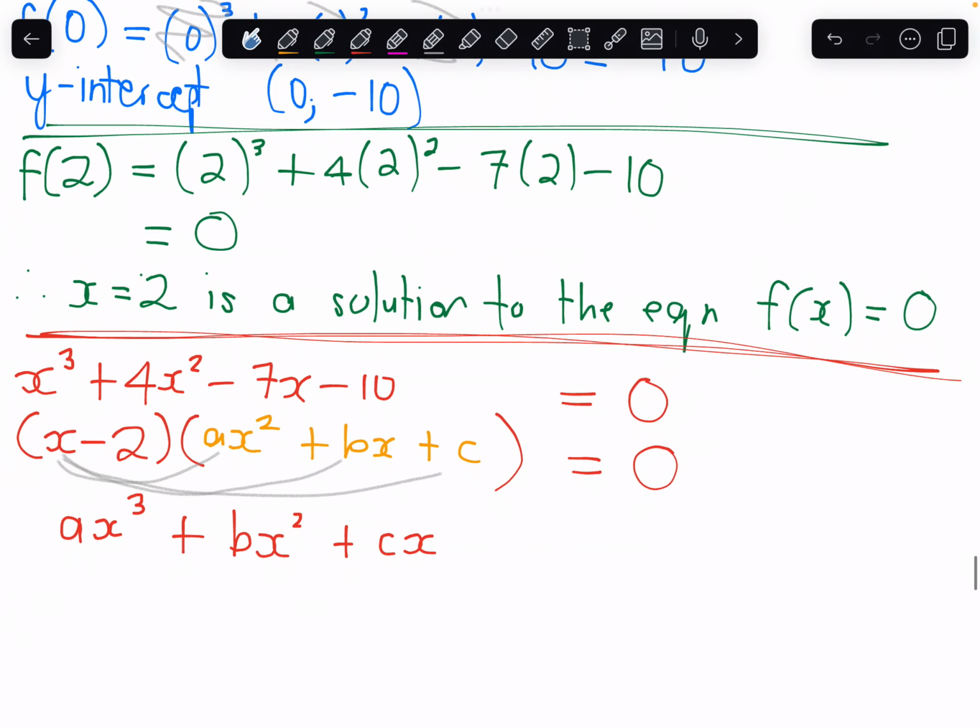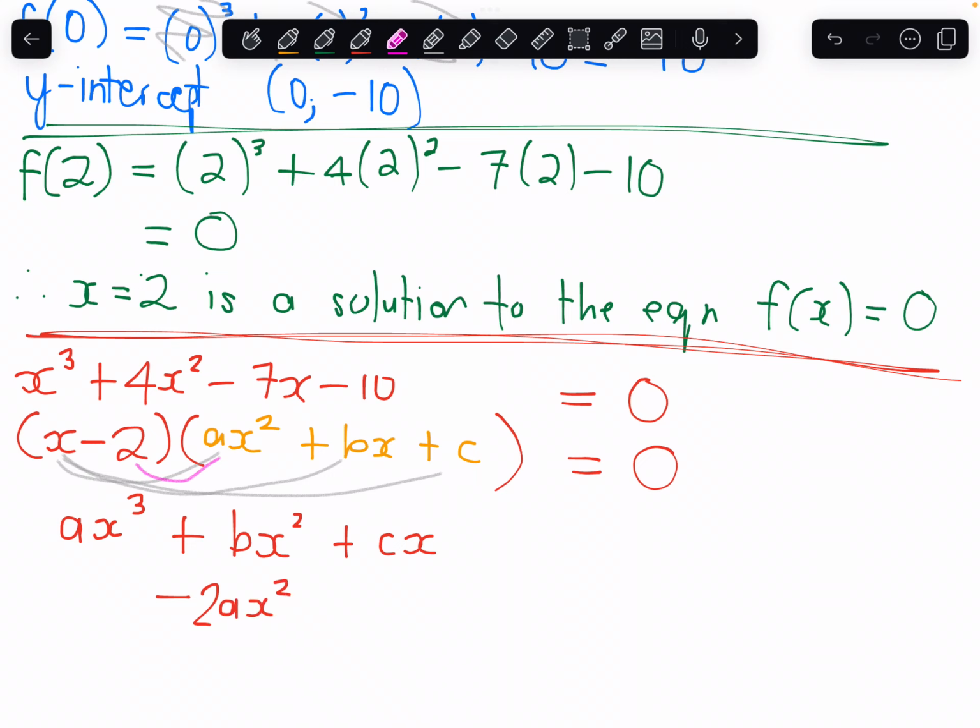Then we have negative 2 times that, which will give us negative 2ax squared.